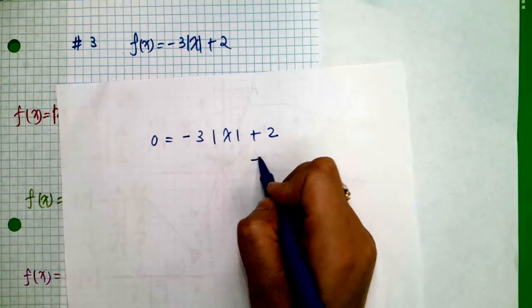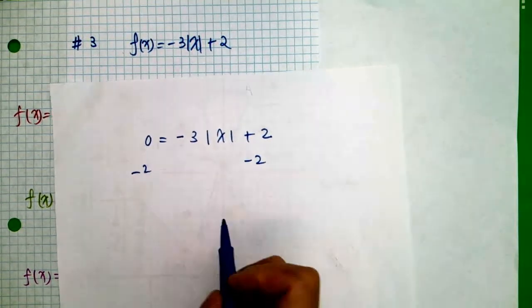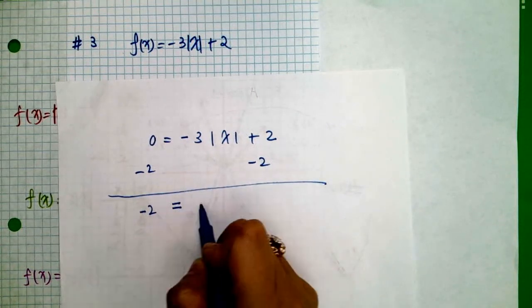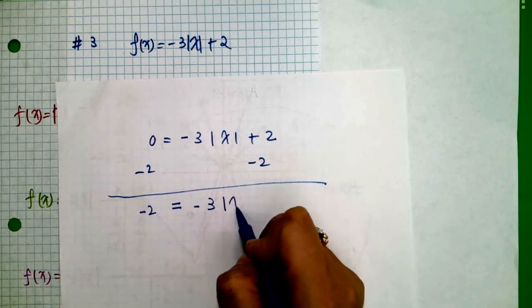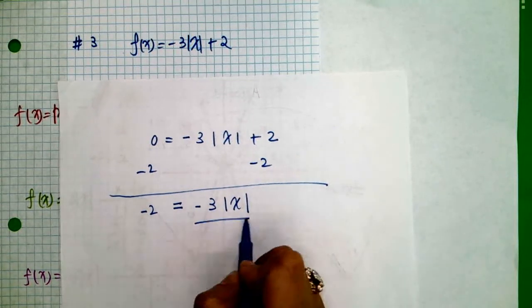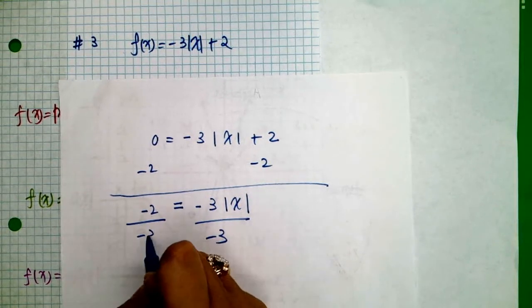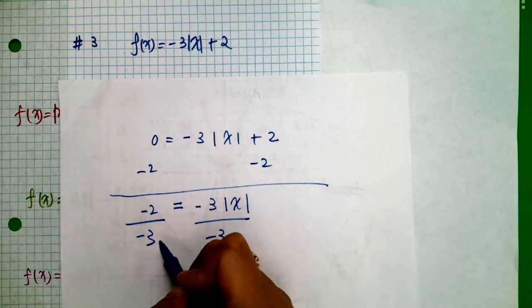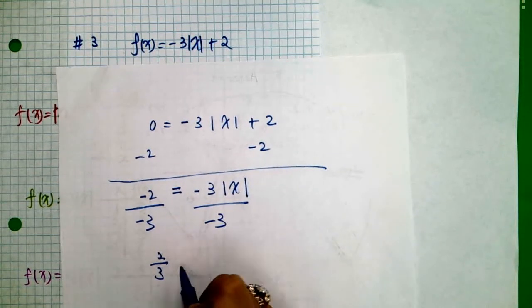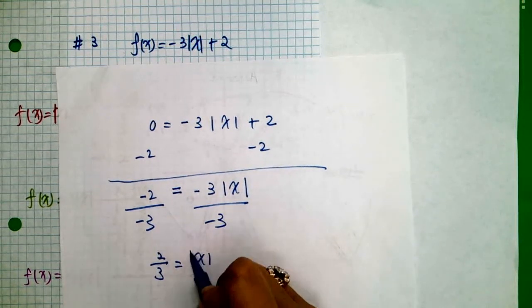We need to subtract 2 from each side. So your left side will be -2. On the right side, we have -3 absolute value of x. We are going to divide by -3 on each side. Negative divided by negative is a positive, so you actually have 2/3 equals absolute value of x.